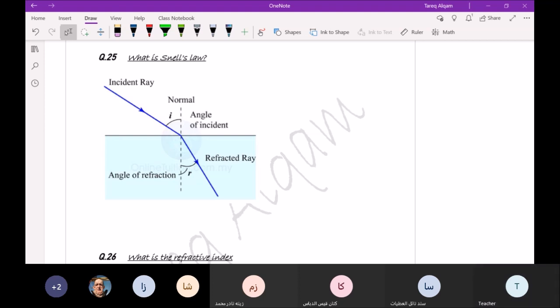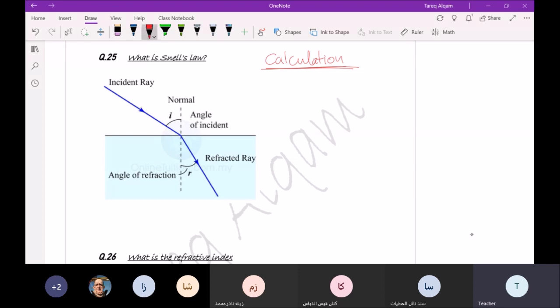Okay. Now, what is Snell's law? No need to know these things, but just for your information. Now, I want to make a calculation. The previous part was just a drawing.